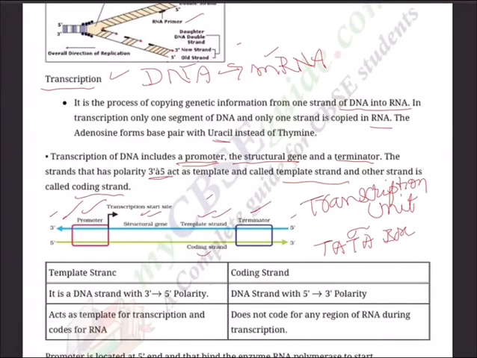The other strand, which has a polarity of 5' to 3', is non-template and is displaced during transcription. This non-template strand, which does not take part in transcription, is also called the sense or coding strand.